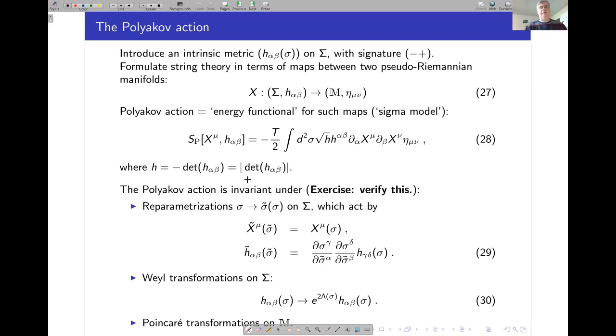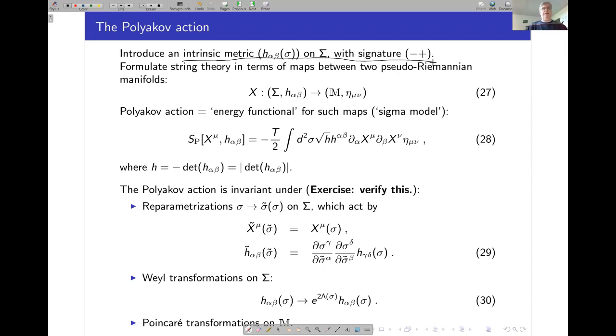And this auxiliary variable can be viewed as an intrinsic metric on the worldsheet sigma, again with a Lorentzian, this time two-dimensional signature.